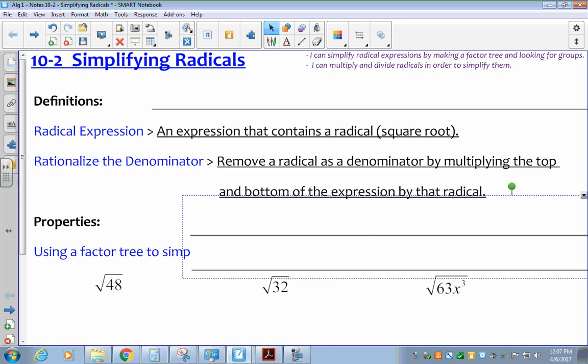There was a thing in the 60s and 70s called the slide rule. A slide rule was the precursor to a calculator. So before they had calculators, you can ask your grandparents about that, they had slide rules. In order to use radicals on a slide rule, you couldn't divide by a square root.